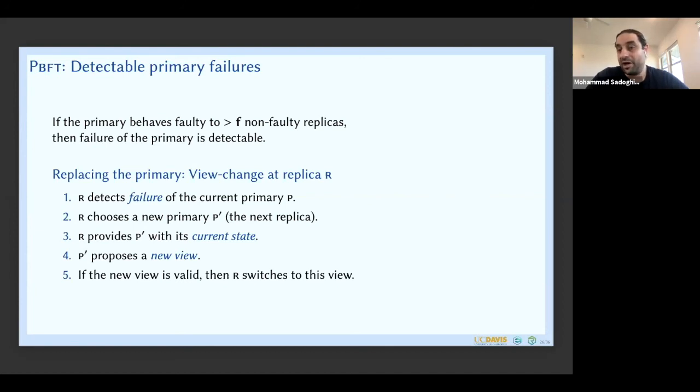So if the primary is clever and it only keeps F replicas in the dark, then those F replicas, even if all of them are good, there's nothing that they can do because they don't have enough support to say that the primary is doing something wrong. We need at least F+1. So in other words, the primary really needs to disrupt at least F+1 honest, or F+1 non-faulty, replicas for the view change to happen.